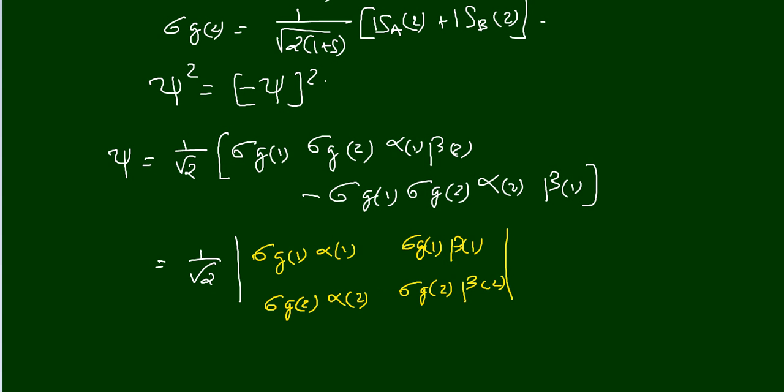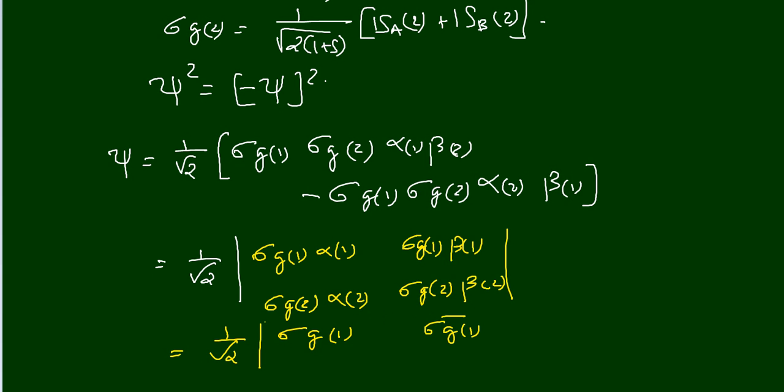So this is a determinant. Okay, so instead of writing like this, I can write this in this determinant form, and also I can write it like 1 divided by root 2, okay, into sigma g1, then sigma g1 bar.